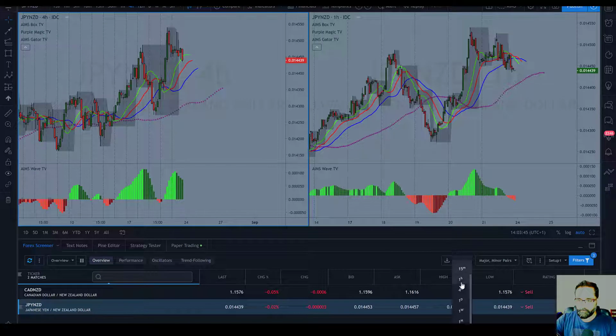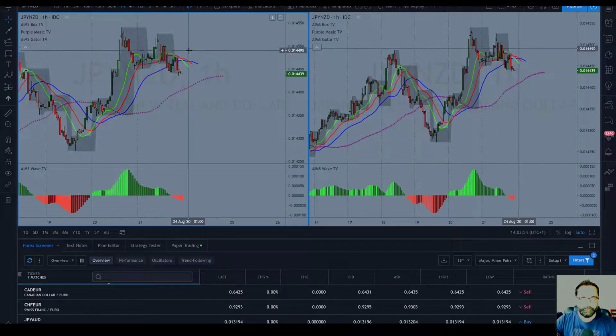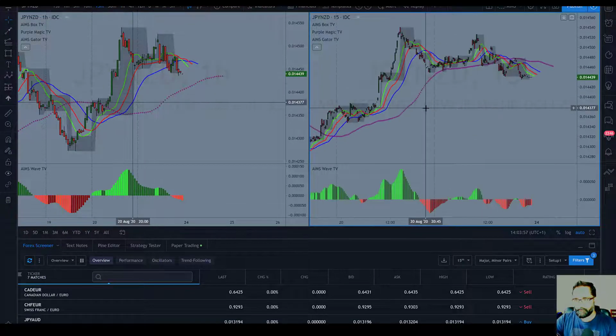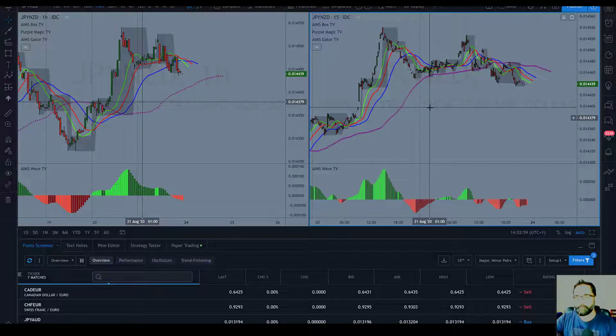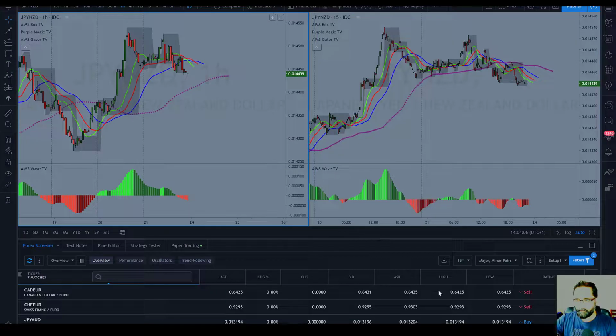So now let's do a quick analysis on the 15-minute chart and see if you can find something there. What do we have? We have 7 matches. So if you change this to the hourly chart and this one to the 15-minute chart, what it would show you is that it will pick pairs that are setting up around this time, like now.